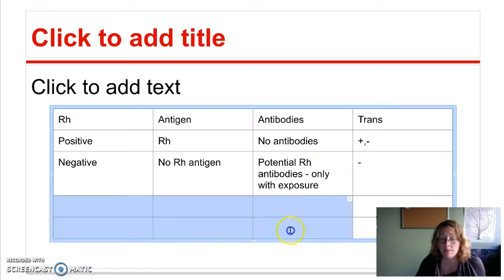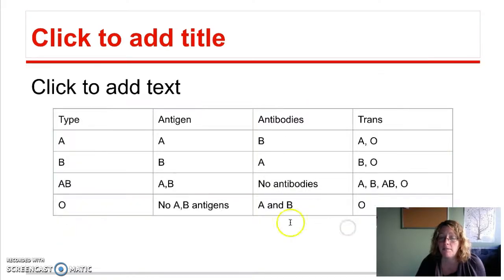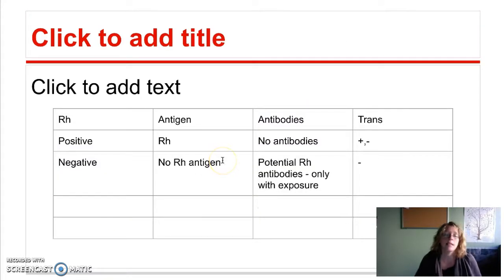Where this really comes into play, though, is pregnancy. If somebody is Rh negative and their partner is Rh positive, their baby is going to potentially be Rh positive. During the first pregnancy, with no treatment, a person will go through the pregnancy, deliver, and often during delivery there's maternal fetal blood contamination or exposure.